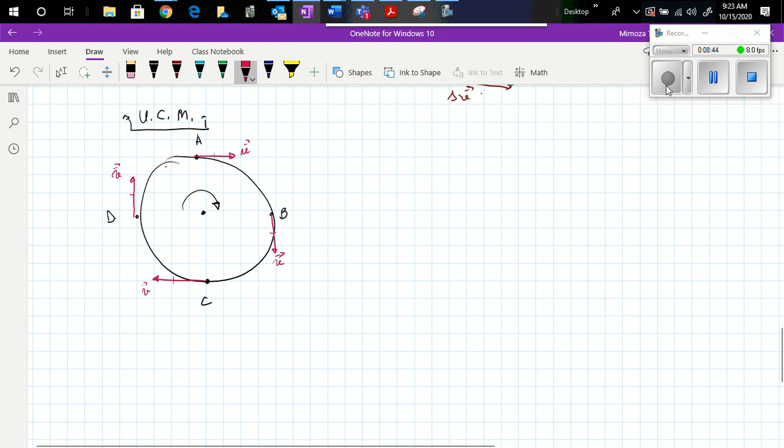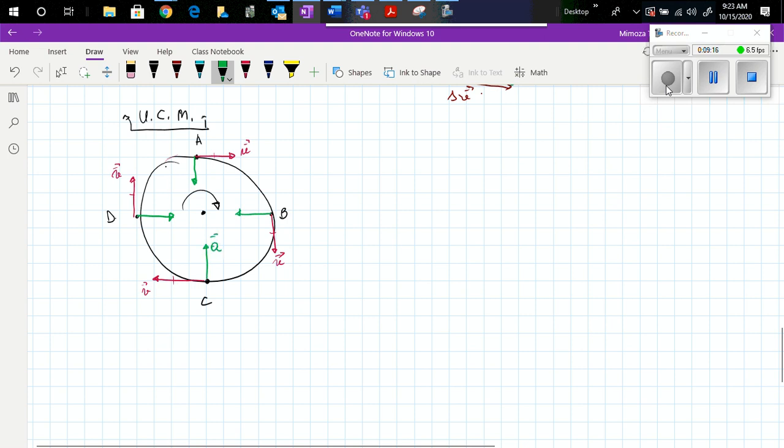Since the velocity is changing, the object is experiencing an acceleration. The acceleration, being the slope of the velocity-time graph, is a vector that points toward the center of the circle that the object is moving around.